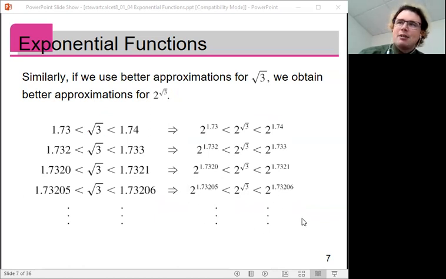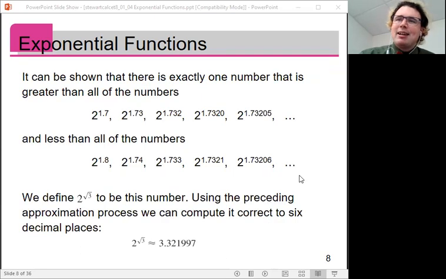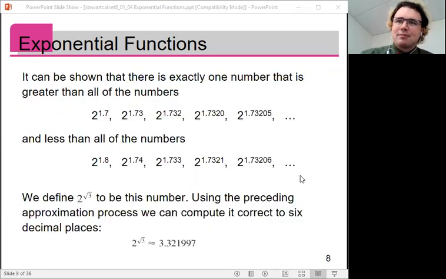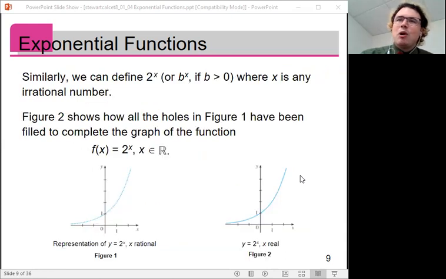So as I get closer and closer to my computer screen, as I zoom in further and see more and more numbers that are close to 2 to the power root 3, how do I actually get a handle on that? Well, I will just say 2 to the power square root of 3 is equal to the limit of 2 to the power r, let's call it r for rational.